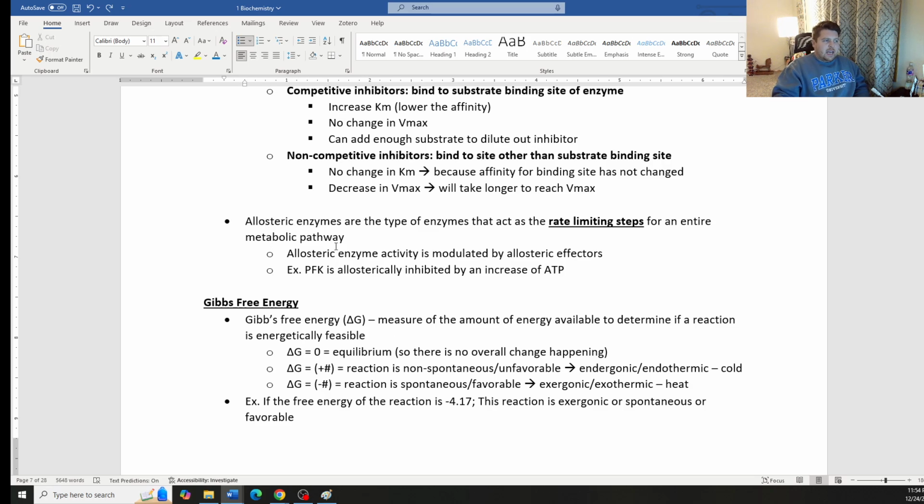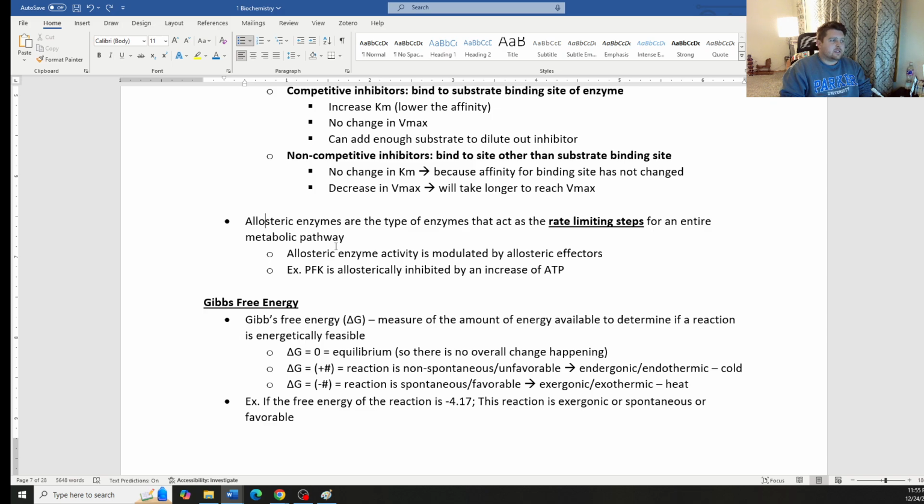A little note: the allosteric enzymes, the ones that are affected allosterically, are the type of enzymes that are going to be the rate-limiting steps for our metabolic pathways. In the future, we're going to talk about the Krebs cycle and glycolysis, some of these pathways that have enzymes known as rate-limiting steps.